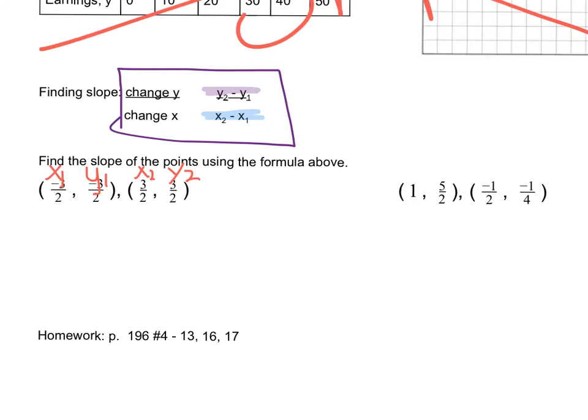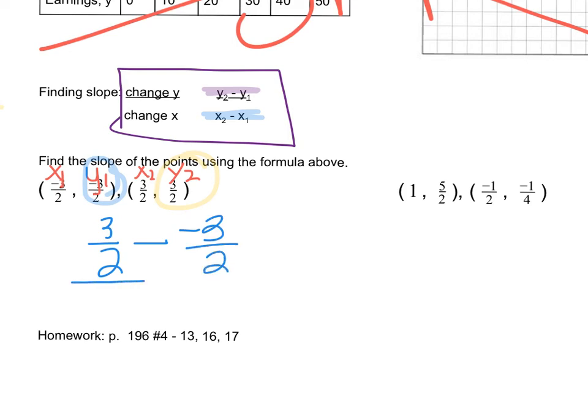So I'm first going to look for my y2. So here's my y2. That's going to go in my first position. So 3 over 2 minus, because it says minus, and then we're going to look for our y1, and here it is. So minus negative 3 over 2.